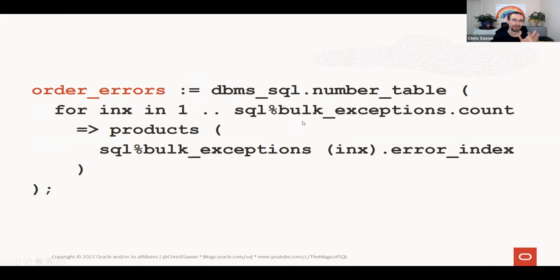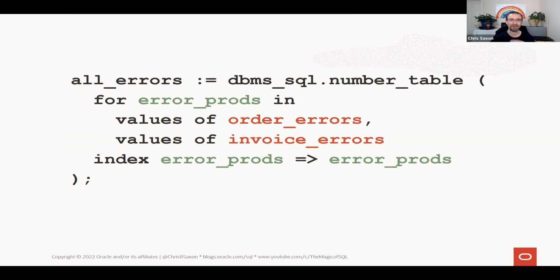Now, for the really cool part, we can then combine the two arrays doing something just like this. Whoa, cool. We're just going to iterate through the values within each of these arrays and merge them into one array containing all the errors. And we can do this all in one statement.